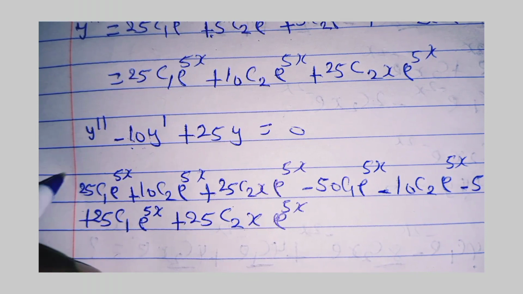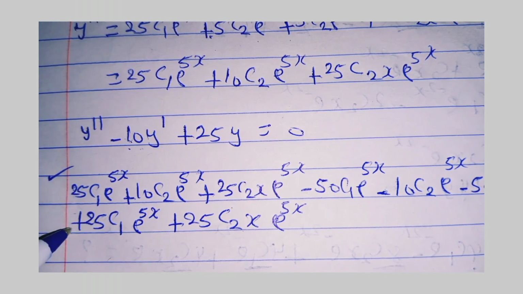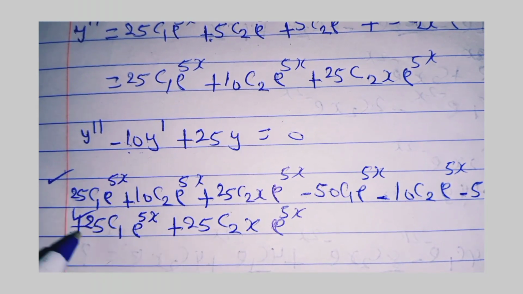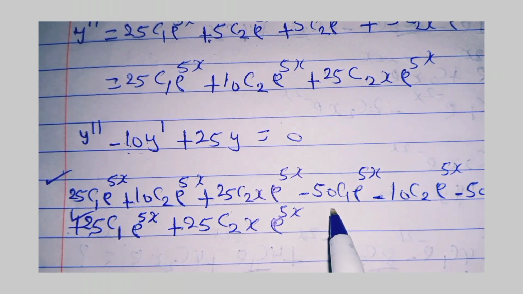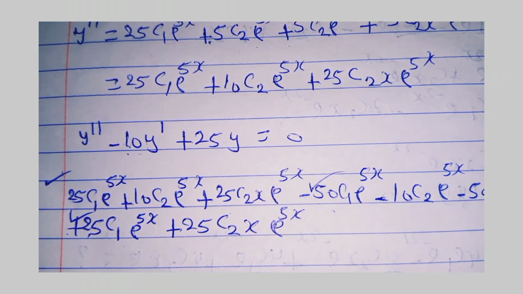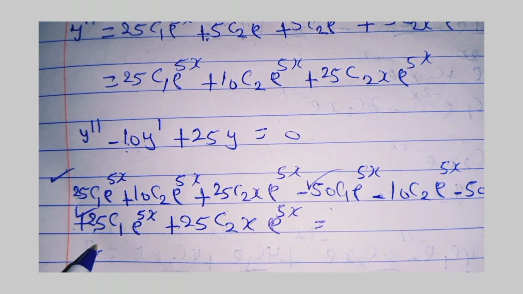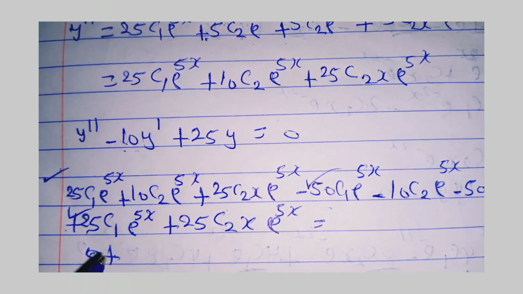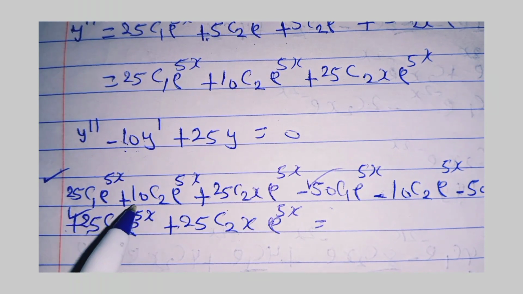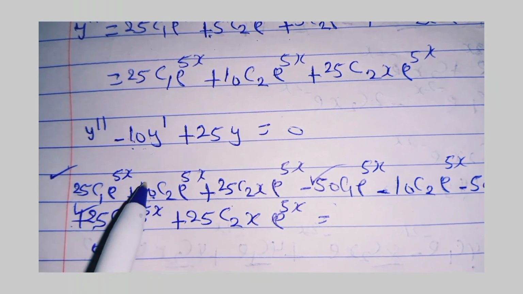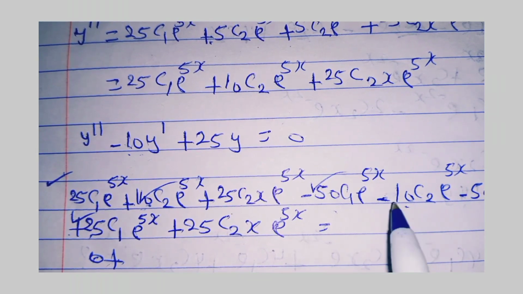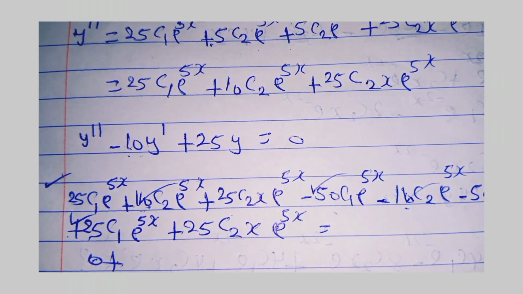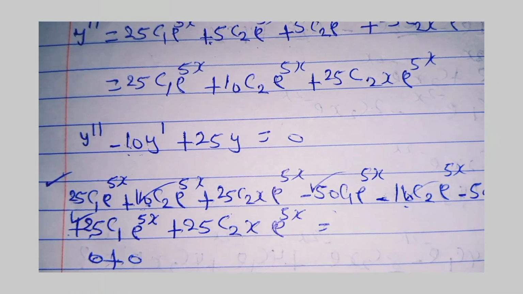So you have 25 here, so you can take that plus 25, that is 50, the one with the c1. Here you have minus 50 c1, so the first thing we are getting there is 0. Plus, we go to the one with 10 c2, so 10 c2 minus 10 c2 will give you 0.